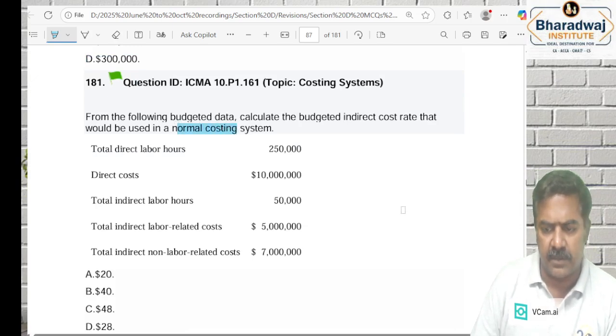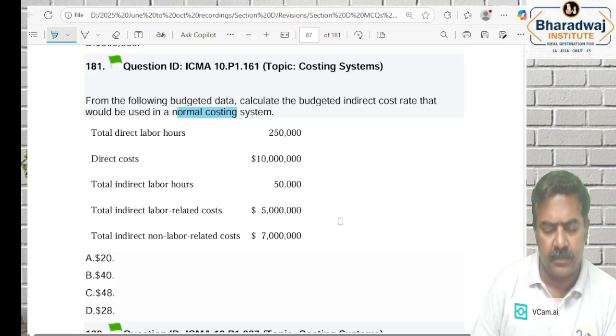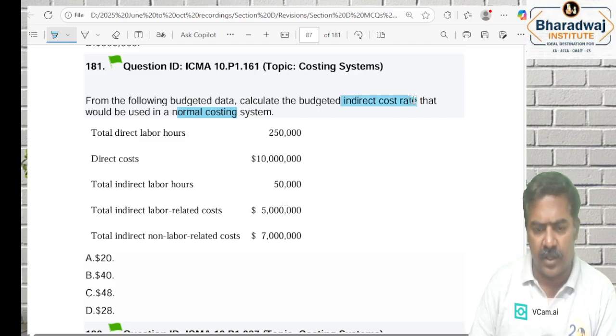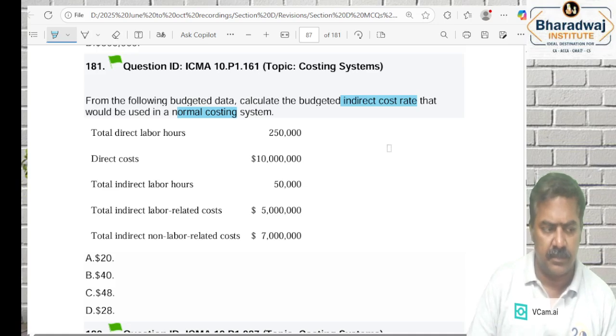Normal costing system. Indirect cost rate. So is it 12 lakh divided by 50,000?